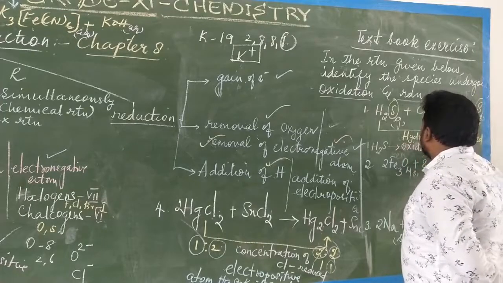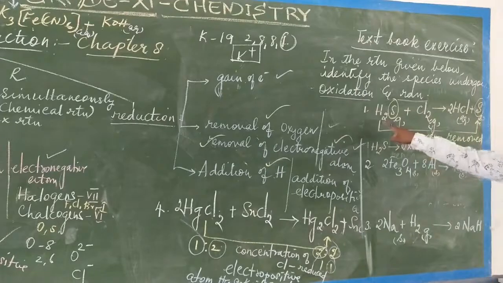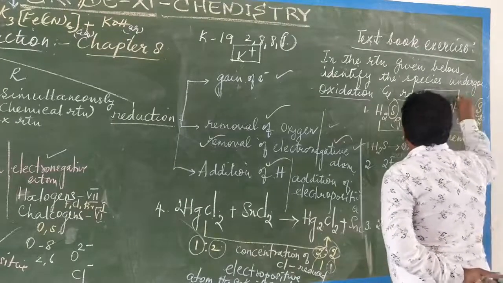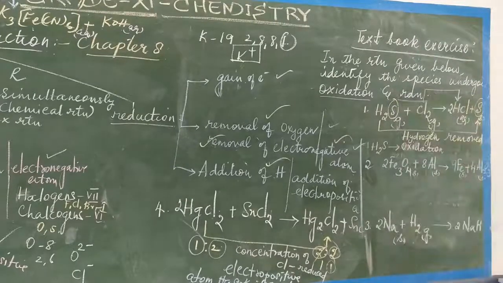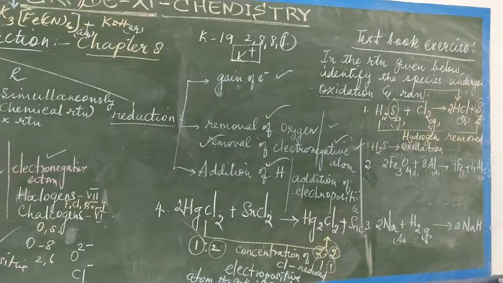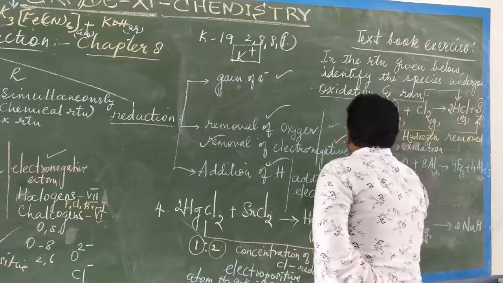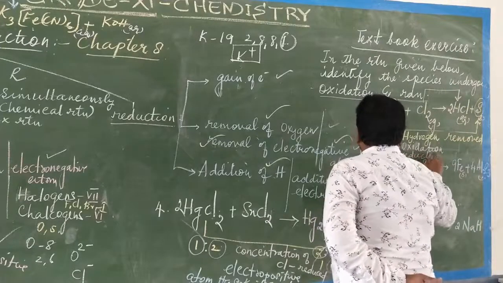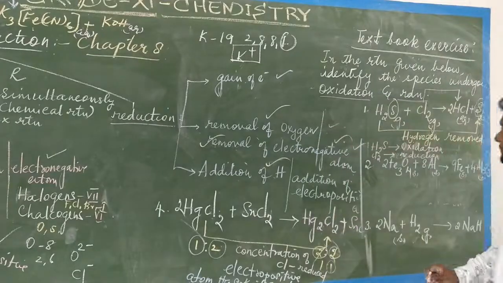Removal of hydrogen is what? Oxidation. So H2S loses hydrogen, and therefore I call it oxidation. Chlorine, what has got formed? 2HCl. So hydrogen has got added to chlorine, and therefore the chlorine undergoes the reduction reaction. Can you understand what I am telling?